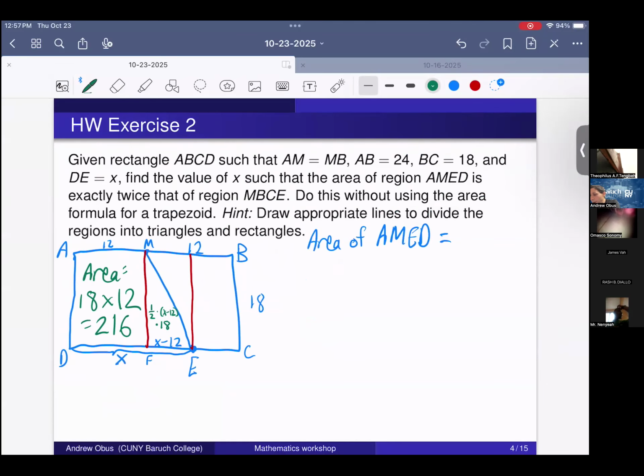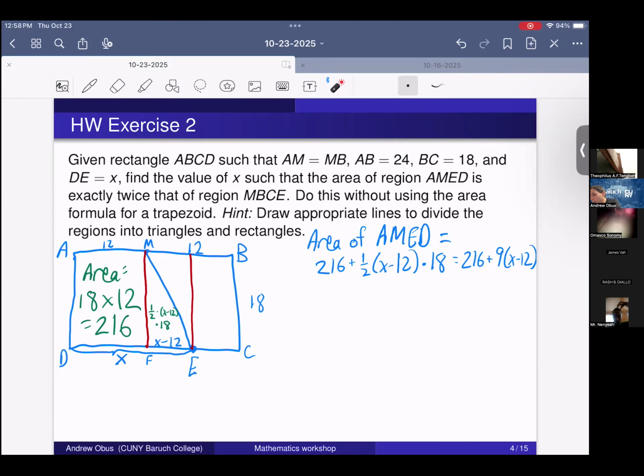So the area of AMED is going to be 216 plus 1/2 times X minus 12 times 18, or in other words, 216 plus 9 times X minus 12. Right, because 1/2 times 18 is 9. Any questions about this part so far?